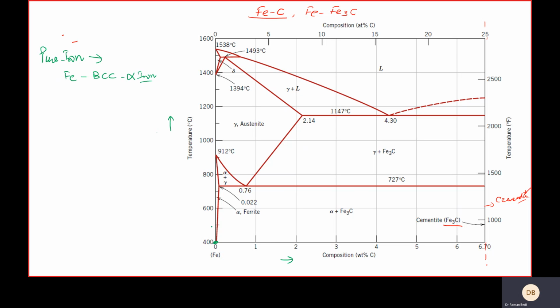So at room temperature it is in BCC structure, and we say it is called alpha iron. If you read on this scale, you find that here I have alpha iron going on, up to nearly around 912 degrees centigrade.